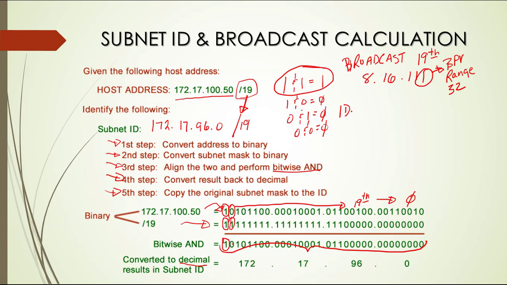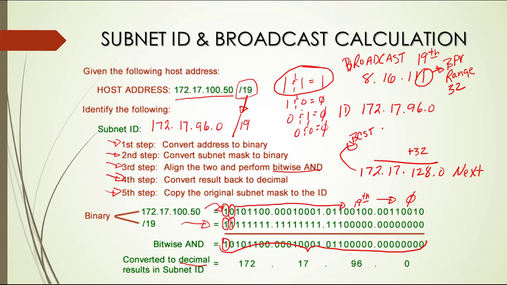So if we take our ID, which is where our network starts, 172.17.96.0, and add 32 to that, we get 172.17.128.0. That's actually our next network that's not in this range. But that makes it possible for us to work backwards.